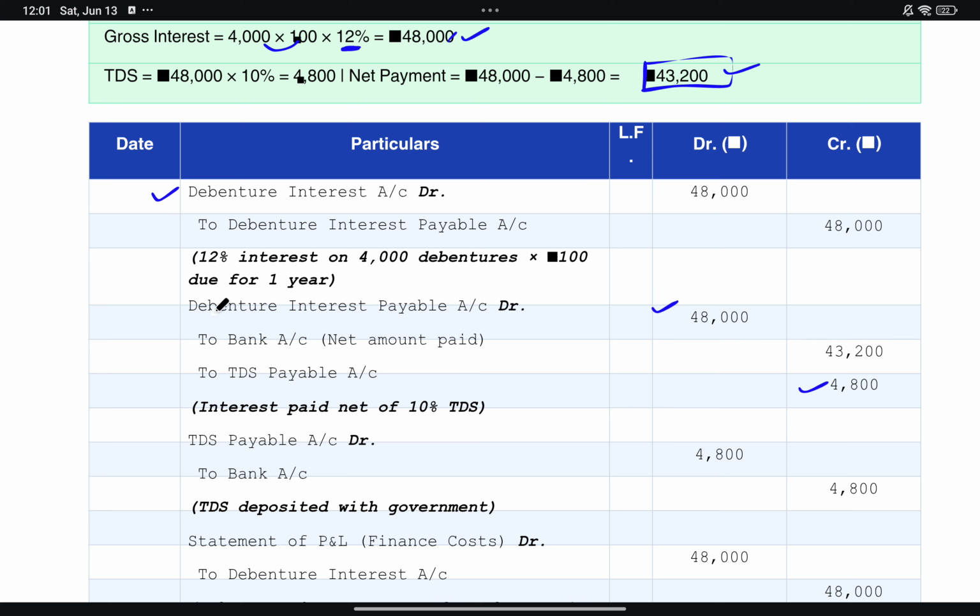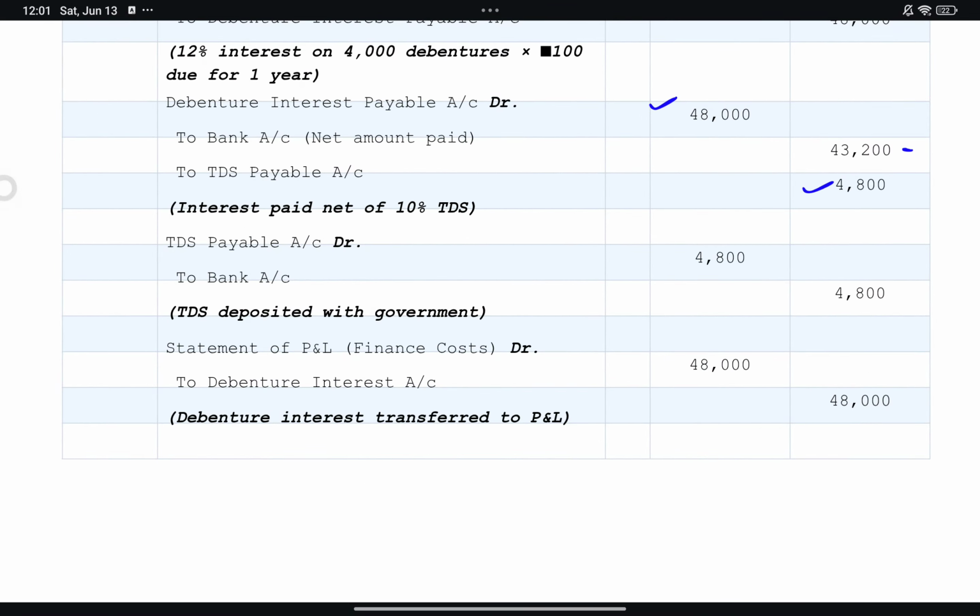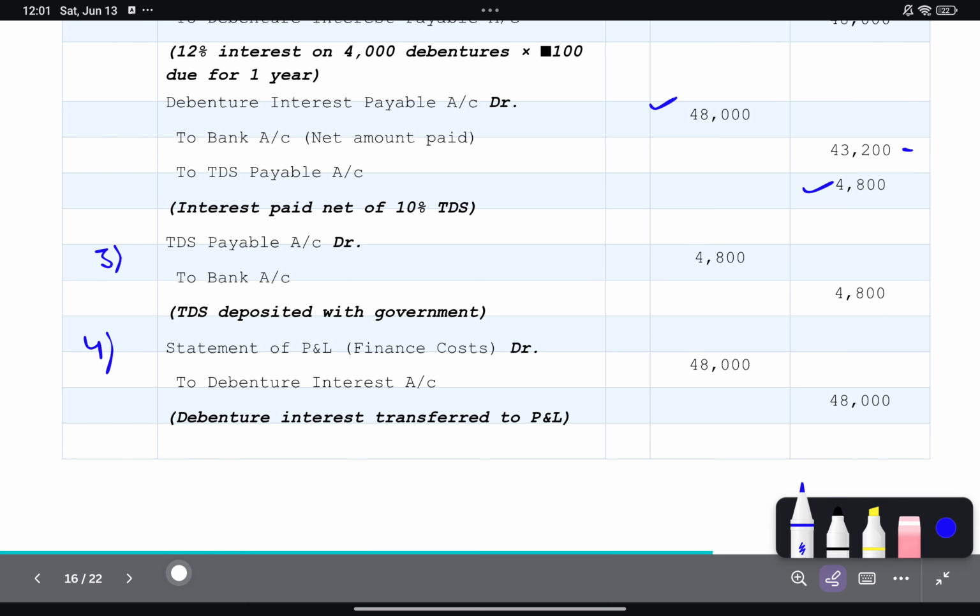So debenture interest payable account 48,000 debit to bank, net amount, that is 4,800 deducted from 48,000, so 43,200. So payment is done. Now we have to give the government TDS. Okay, so TDS payable account debit to bank. This is our third entry, and the fourth entry is to transfer this interest to profit and loss. So profit and loss debit to debenture interest account. Hope you got this question.